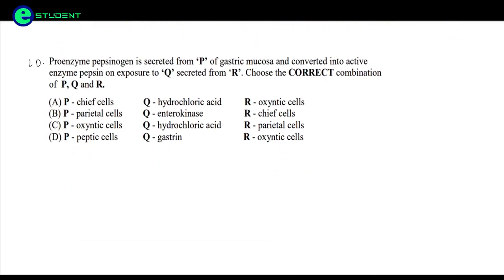The proenzyme pepsinogen is secreted from P of gastric mucosa and converted into the active enzyme pepsin on exposure to Q. So Q is converting pepsinogen to pepsin, and Q is secreted from R. Choose the correct combination.